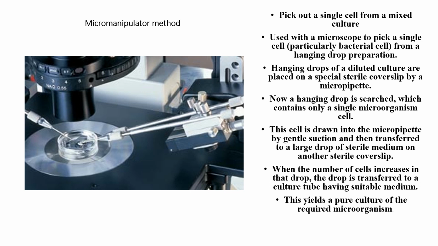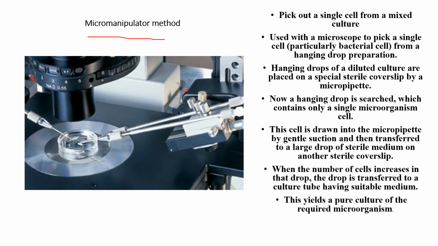The method which lies under the advanced techniques is the micromanipulator method. Micromanipulators have been built which permit one to pick up a single cell from a mixed culture. This instrument is used in conjunction with a microscope to pick a single cell, particularly a bacterial cell, from a hanging drop preparation.